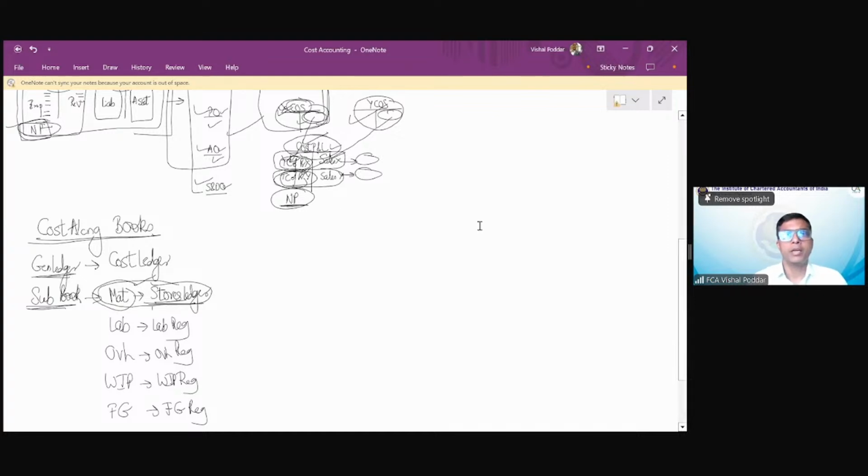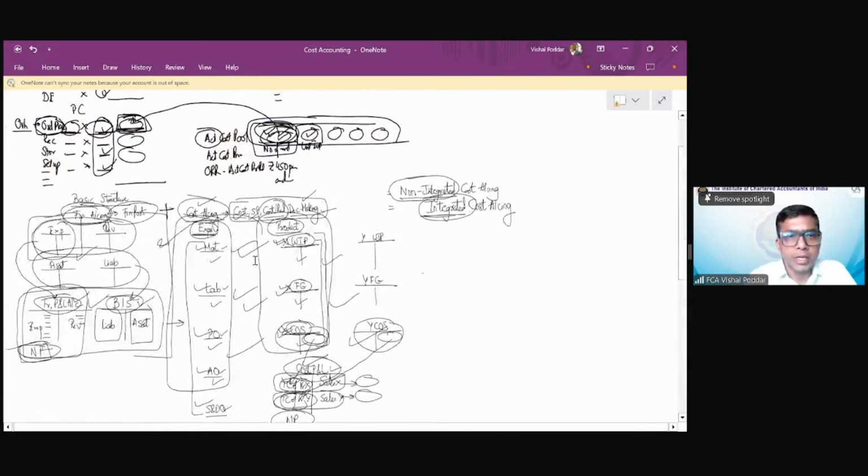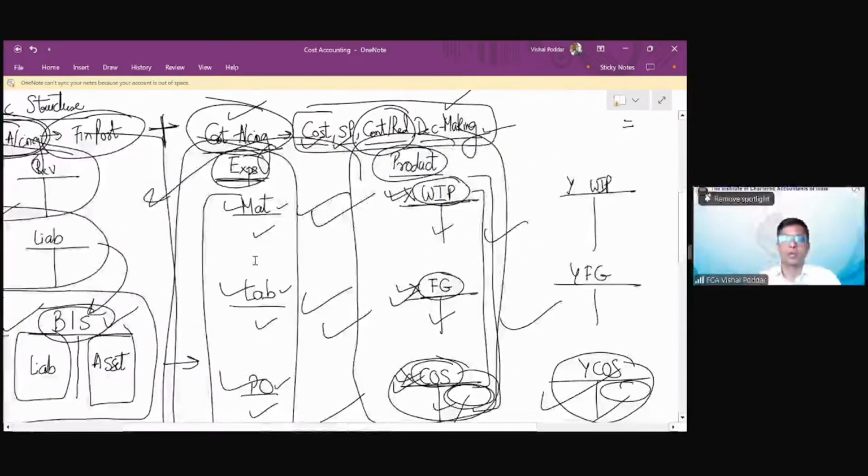Now, I already said that here we prepare a material account. Now I'm changing the name of this. Since you know there is a separate material ledger or a separate material register where all the details of materials are kept, account wise, for each material you have a separate account, and that register is called the stores ledger.